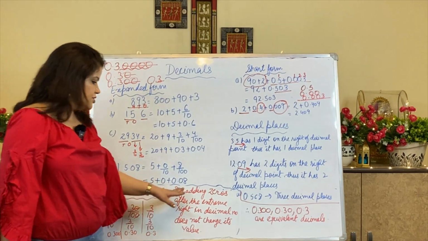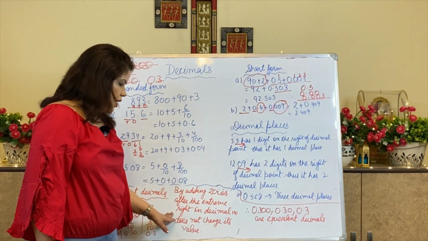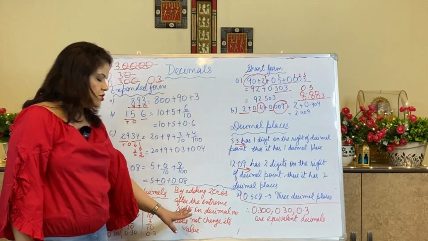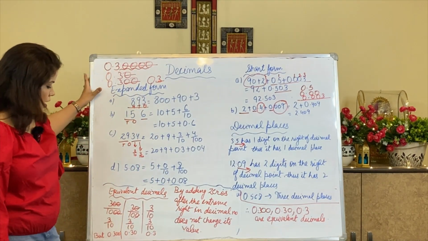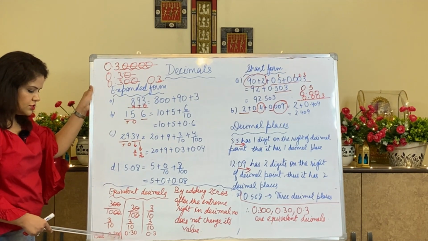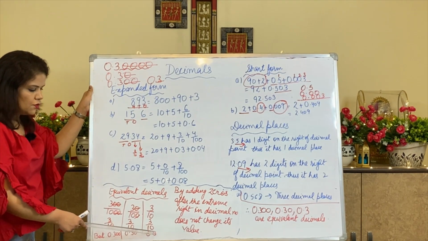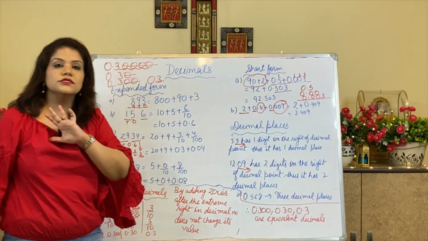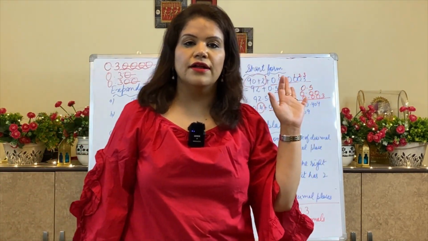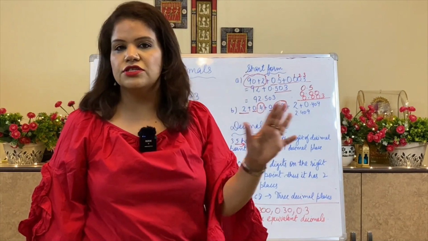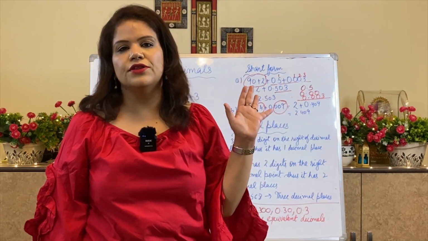Now adding zeros at the extreme right of the decimal number does not change its value. The same thing which I have explained to you here. 0.3, 0.30 or 0.300, all are same. Whatsoever number of zeros we are adding after 3, it doesn't change its value. It will remain 0.3 only.